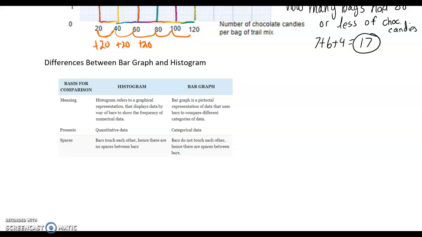And I'm actually going to cross that out. I did not agree with this table. That should say bins, not bars, to show the frequency of numerical data. Whereas a bar graph is a pictorial representation of data that uses bars to compare different categories. That's the big difference, guys.